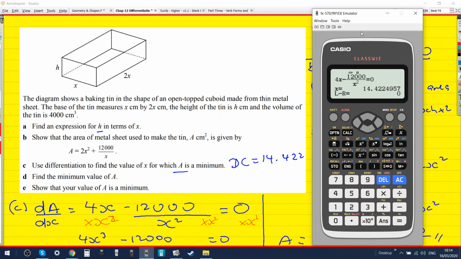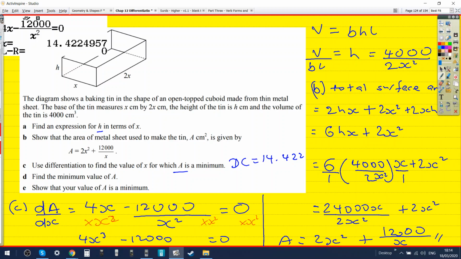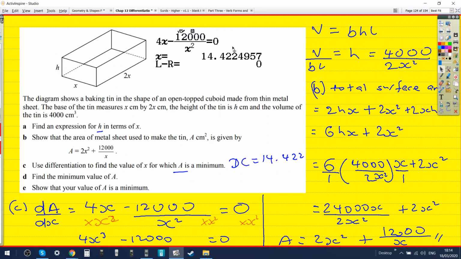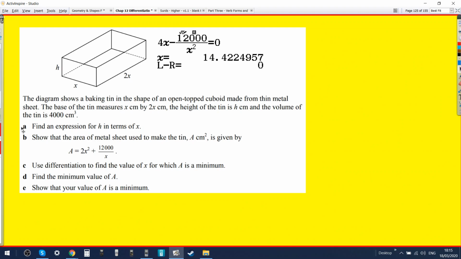Yes. So we have 2 brackets 14.422 squared plus, and I got 1,248.